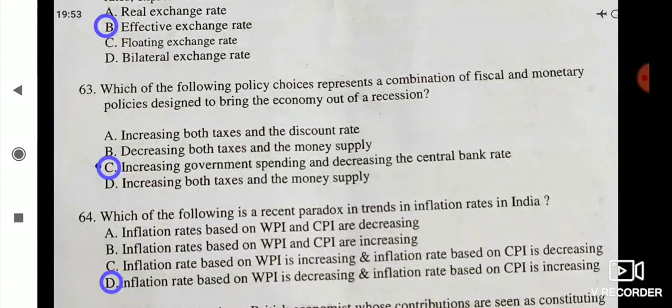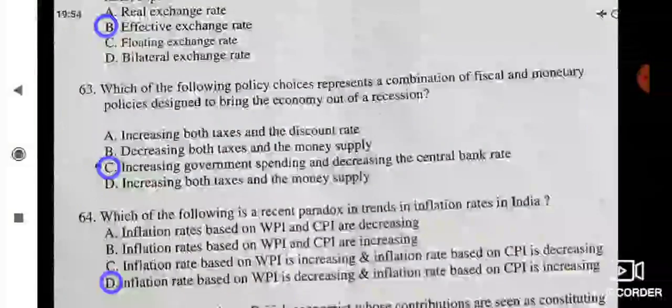Next, which of the following is a recent paradox in trends in inflation rates in India? And given options are inflation rate based on WPI, that is wholesale price index, and CPI, consumer price index, are decreasing. Inflation rate based on WPI and CPI are increasing.